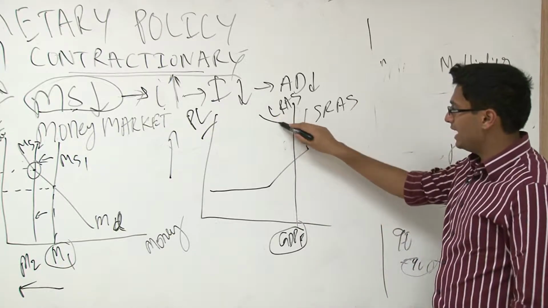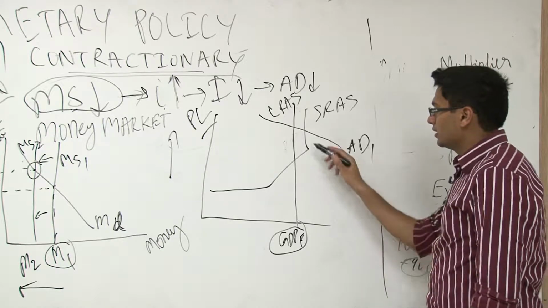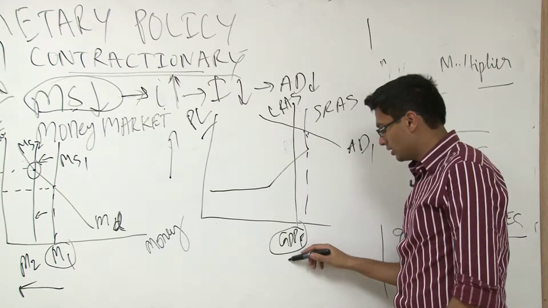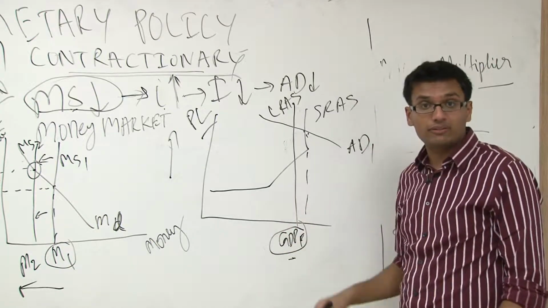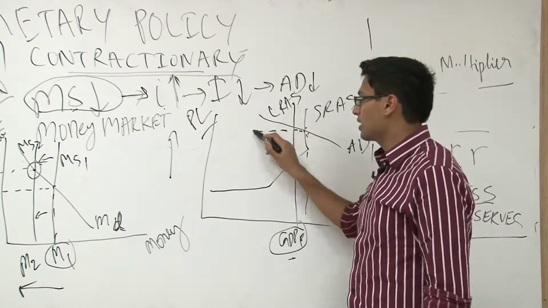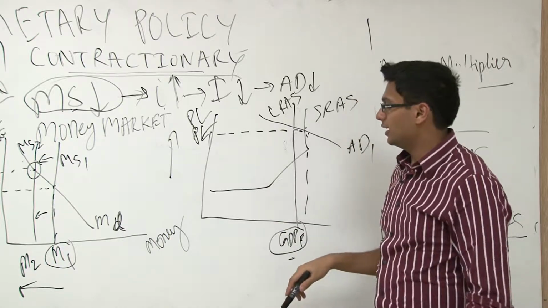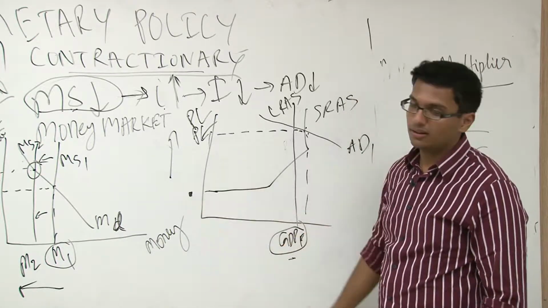So if you have an AD graph, or AD line right about here, let's call this AD1, you have an output that's actually beyond the full employment GDP, not by much, but it's actually above it, so that's not bad, right? Actually, it's pretty good. But here is the biggest problem. It's the price level right about here, PL1. Normally, in the last graph, we were somewhere about here, okay?